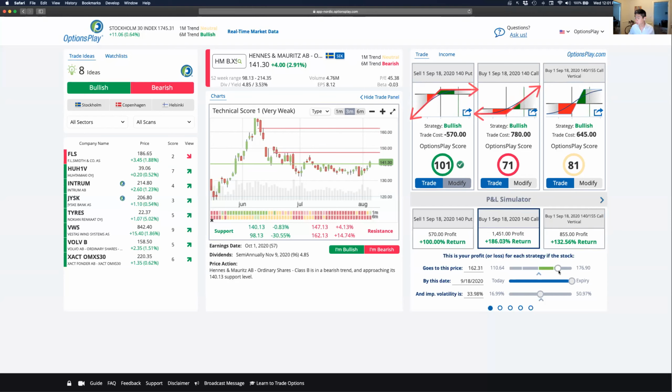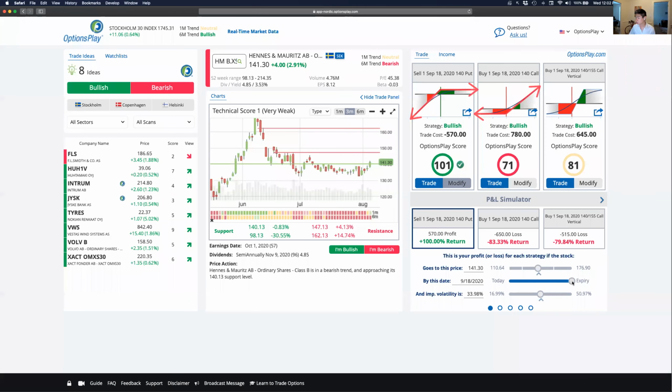So always look at your risk metrics first, then look at what are your potential upsides. How much money can I make if the stock really takes off? How much money can I make if the stock stays the same? And really understand these strategies so that you don't get surprised by it after you place the trade. I've seen too many scenarios where an investor buys a call option, not really fully understanding when they make money, how far the stock needs to move before they make money, and next thing they know, they're in the trade and the P&L of the trade doesn't correspond to what they're expecting.